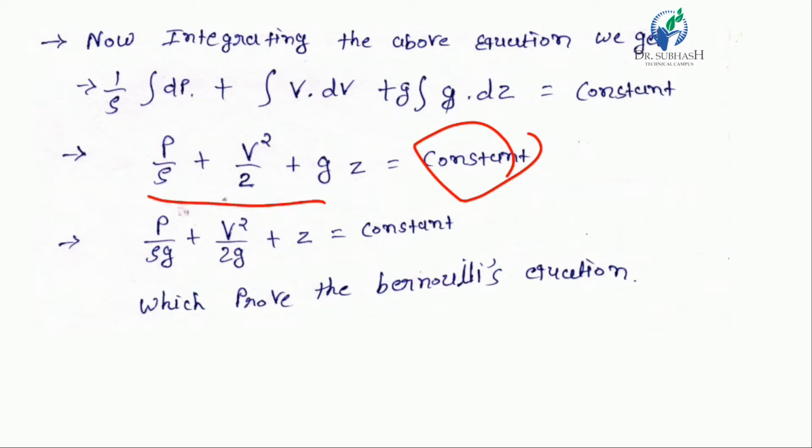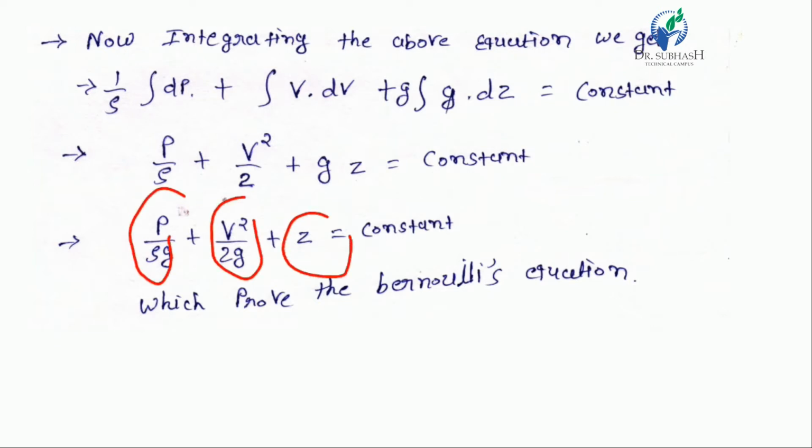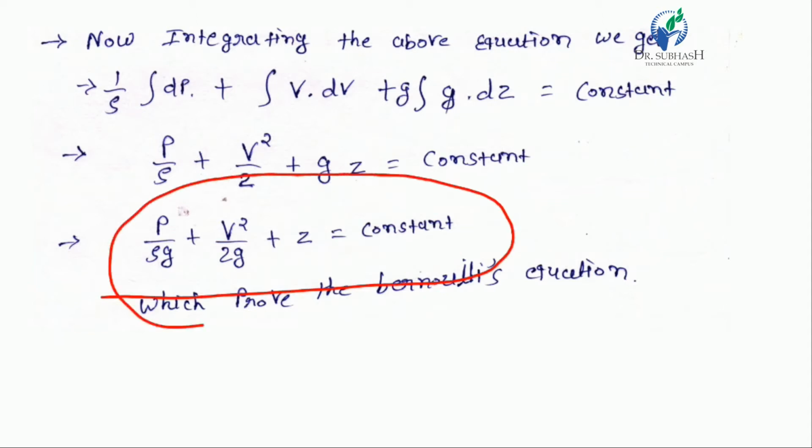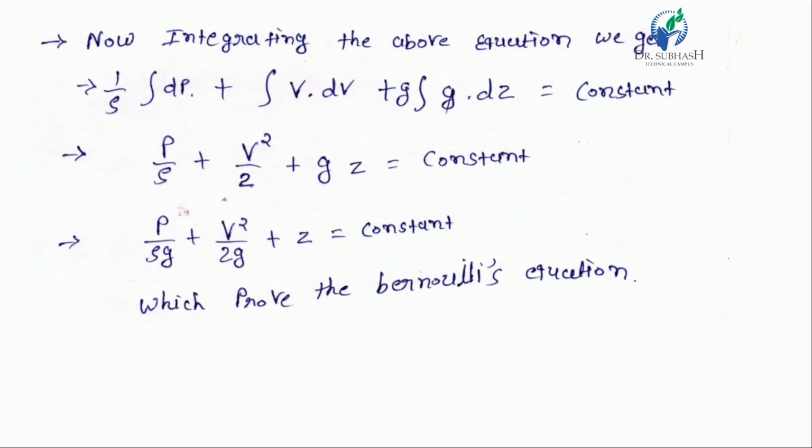Now divide by g on both sides: p upon rho g plus v square upon 2g plus z is equal to constant. This is Bernoulli's equation. So we can say that Euler's equation leads to Bernoulli's equation.